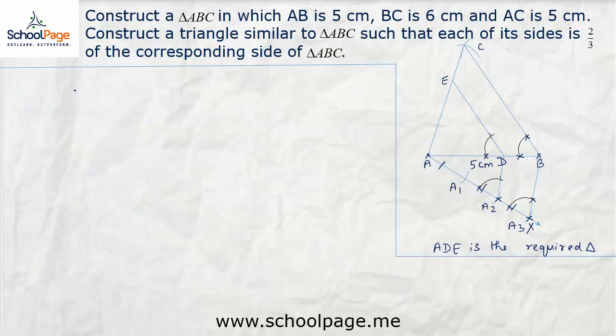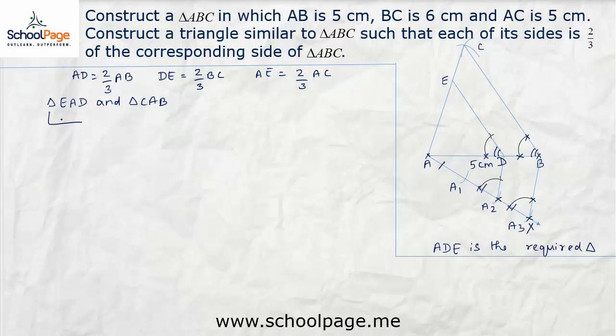The construction can be justified by proving that AD equal to 2 by 3 times AB, DE is equal to 2 by 3 times BC and AE is equal to 2 by 3 times AC. For this, let us take the triangle EAD and triangle CAB. In these two triangles, we can see that this angle and this angle are corresponding angles. So we can say that angle EDA is equal to angle CBA.